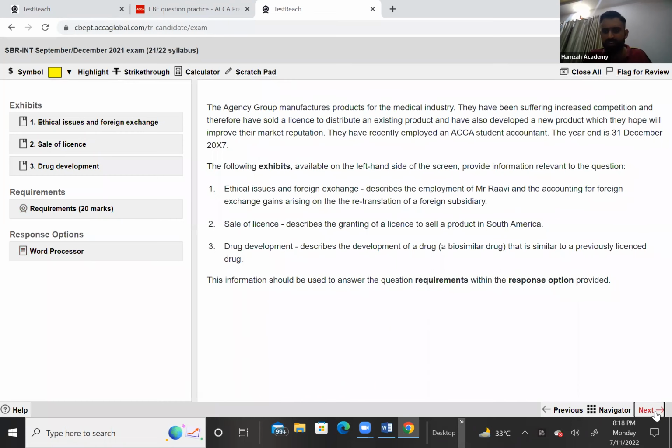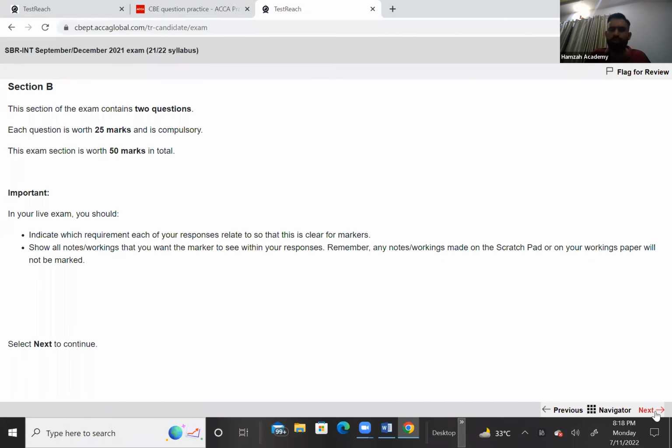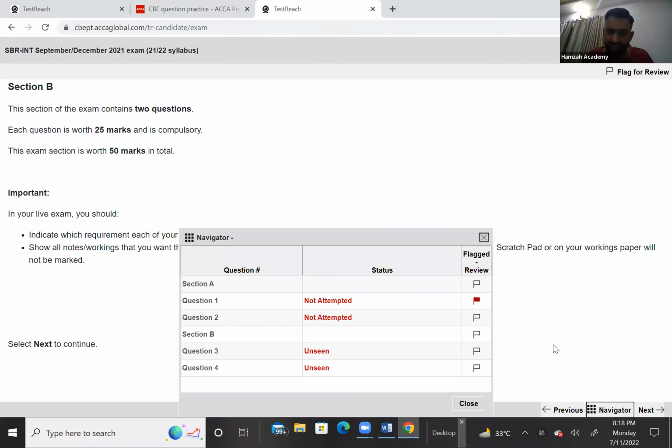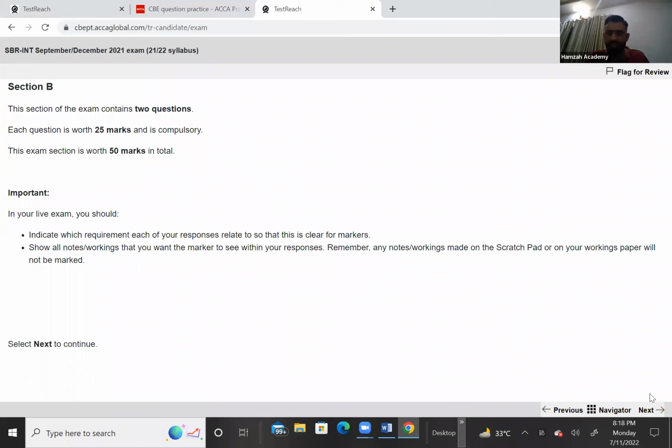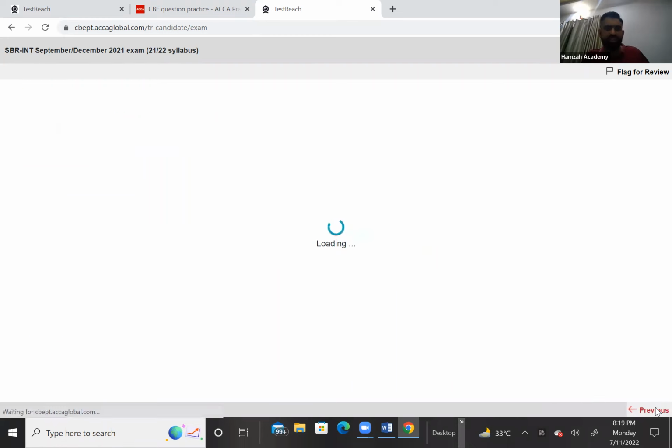When you have completed question number 2, or if you want to jump directly to another question, you can use the navigator as well. So question 1, question 2, then part B will start. In part B, again we have 2 questions, but here each question consists of 25 marks, again 50 marks, the same style.